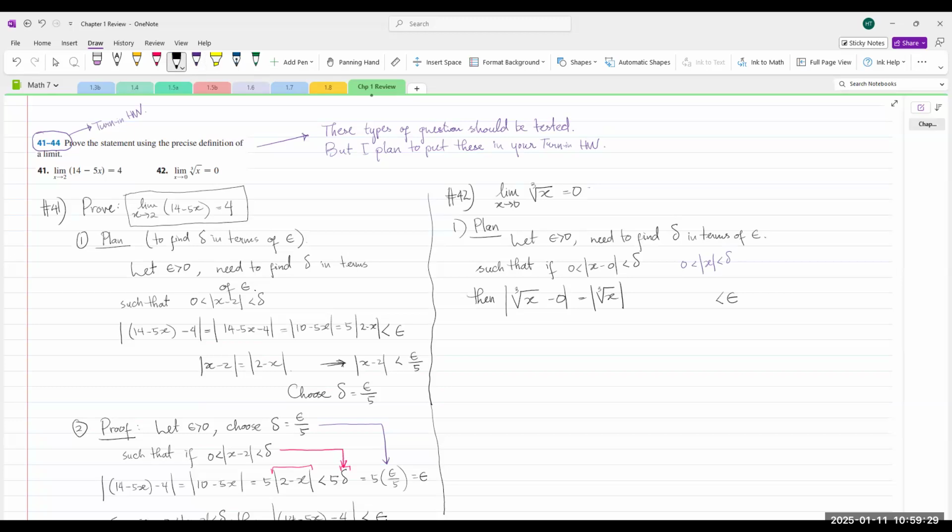Okay, and this is equal to the cube root of the absolute value of x. Think about this: the cube root of the absolute value is the absolute value of the cube root. It works for every odd root.